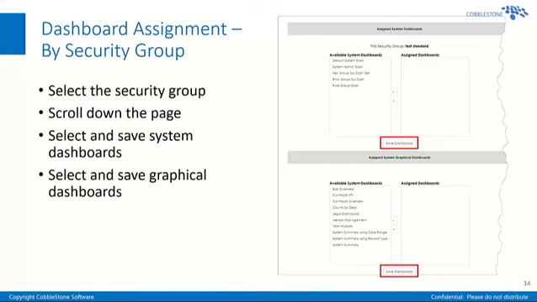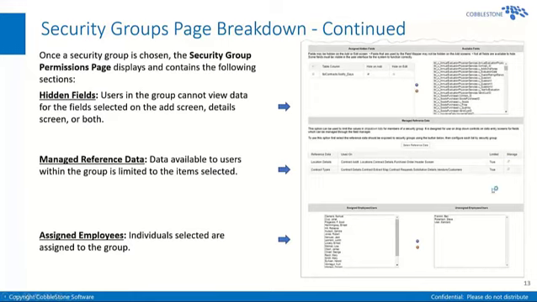This is a little backwards from the other 6 sets of boxes that we looked at. In this case, the available items are on the left, and we would select it, click the right-facing arrow, and then that would become the assigned items. Also different here is that you must click Save Dashboards, whereas in everything above, we don't have save buttons because it saves for us automatically when we make a change.